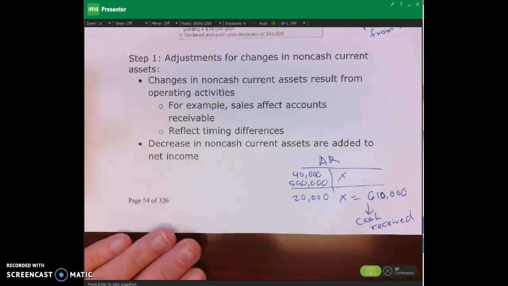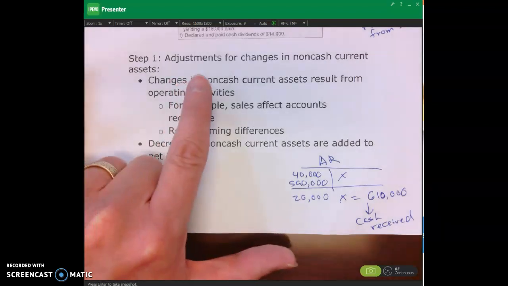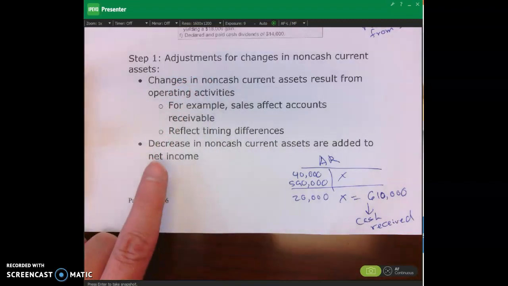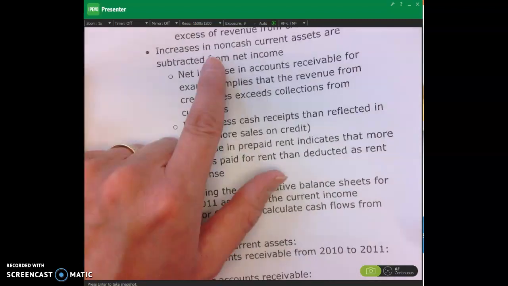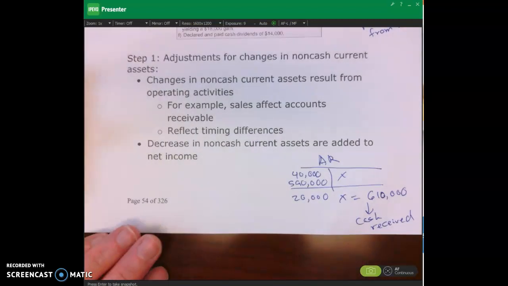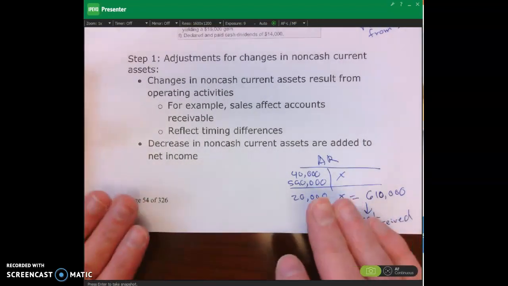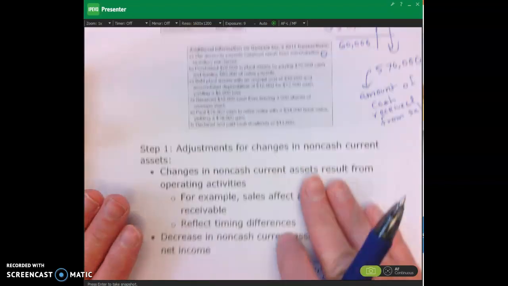So to summarize with the rules for non-cash current assets, which is the first step in the indirect method, we look at adjustments to non-cash current assets. Any decrease in the balance is added. Any increase in the balance is subtracted. So then we have to think about what our other non-cash current assets are.